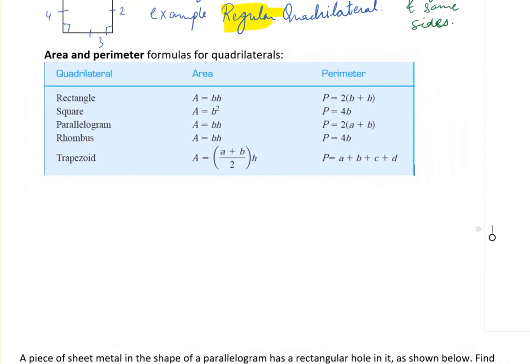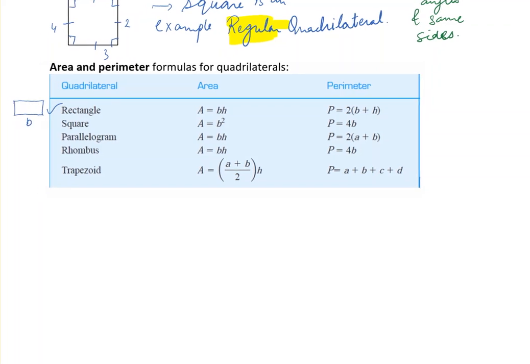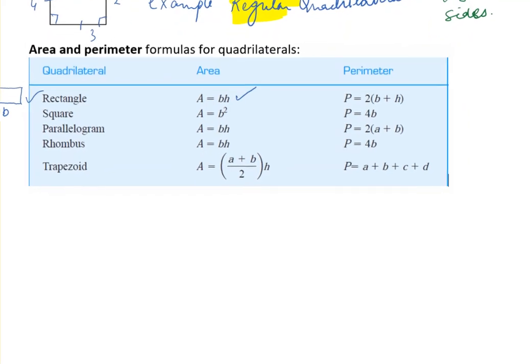First, if you have a rectangle, a rectangle is a shape which has opposite sides the same. Let B be the base and H be the height of this rectangle. Then the area is given by the formula base times height.